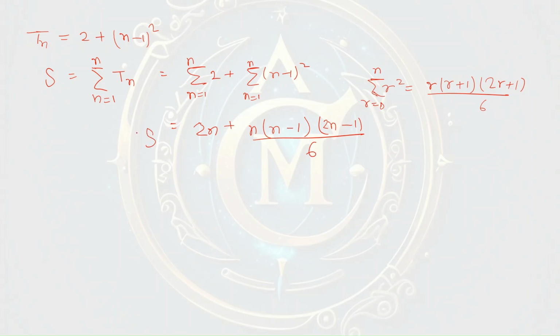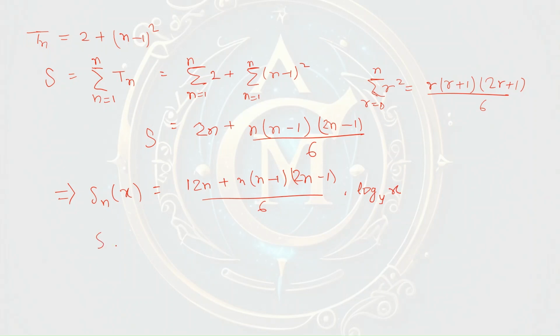This is the S. So that means Sn of x is equal to 12n plus n into n minus 1 times 2n minus 1 whole divided by 6 times log x base y.